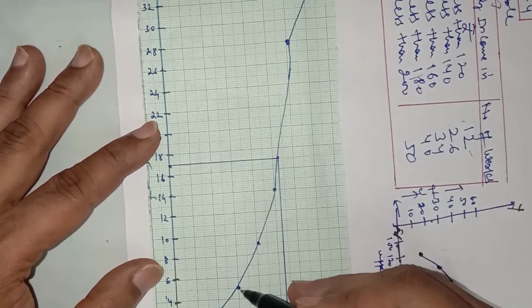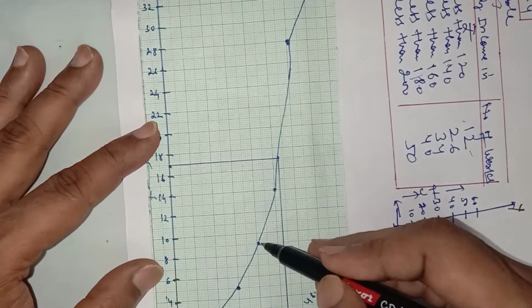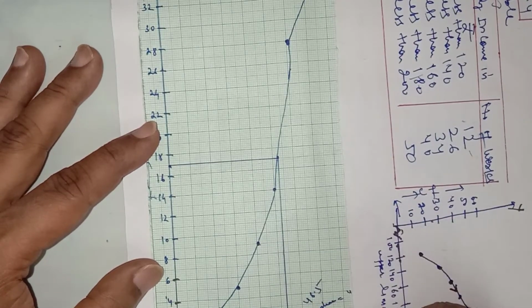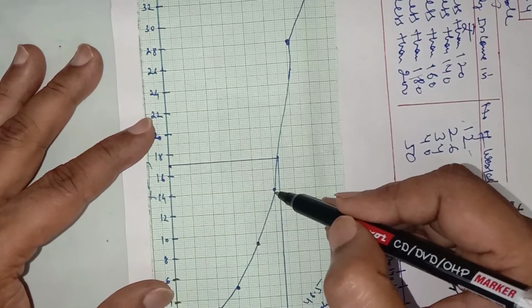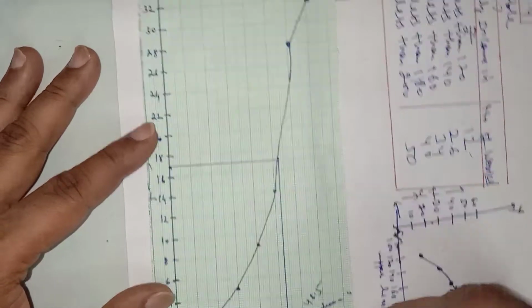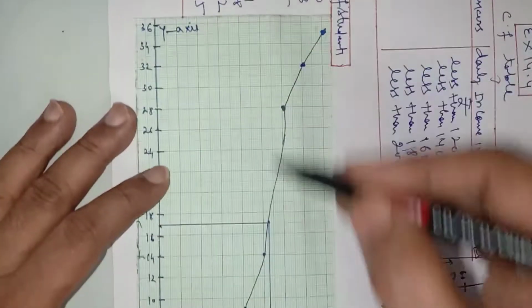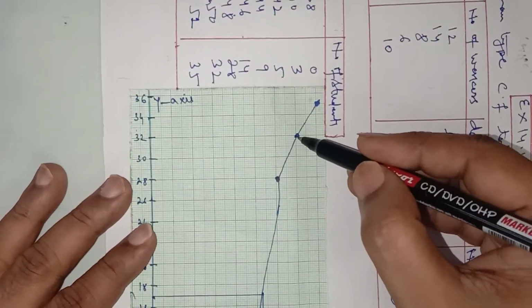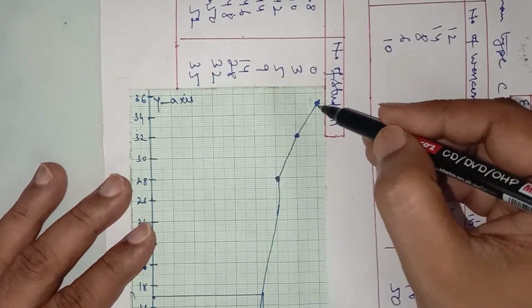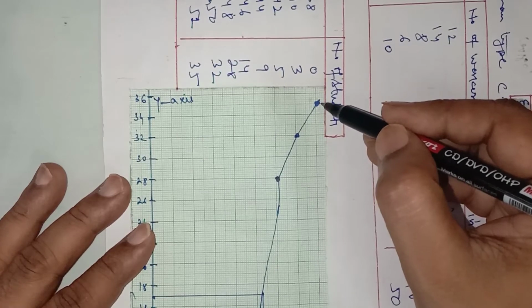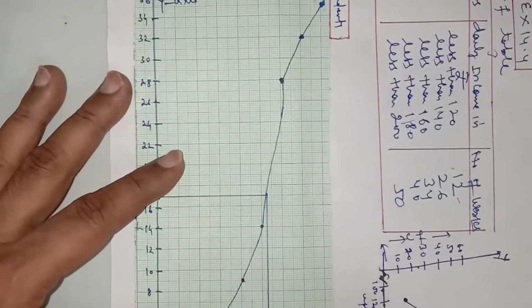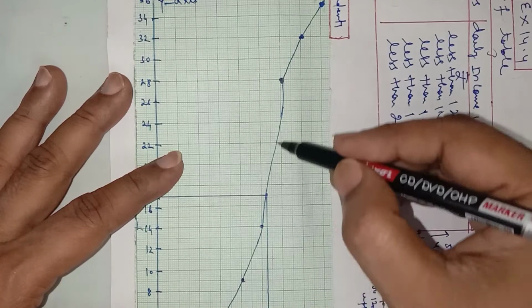For 42 it is 5. For 44 it is 9. For 46 it is 14. For 48 it is 28. You can see it here. For 50 it is 32, and for 52 it is 35, and join it with free hand.